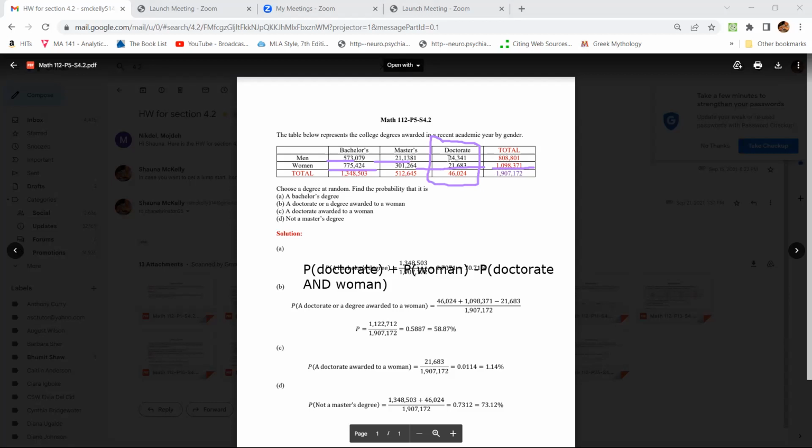And then we're subtracting 21,678. Those are the people that we counted twice. When you do all that arithmetic that you see here, you should get on the top 1,122,712 over 1,907,172.